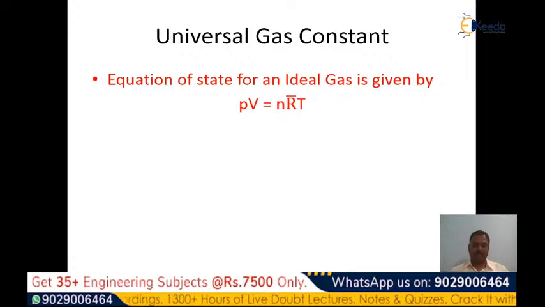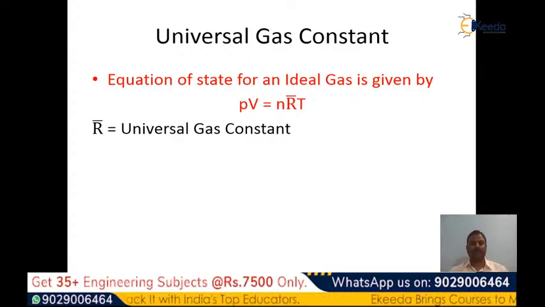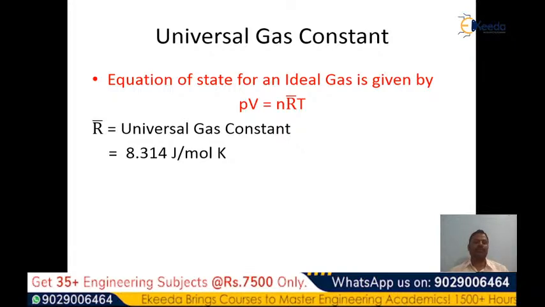Once again, P, V and T are the same as the previous one, such as pressure, volume and temperature respectively. Here R with a bar symbol above is different compared to the specific gas constant. This universal gas constant is 8.314 joules per mole Kelvin, whereas the previous one was joules per kg Kelvin, here it is joules per mole Kelvin. So this is the universal gas constant.